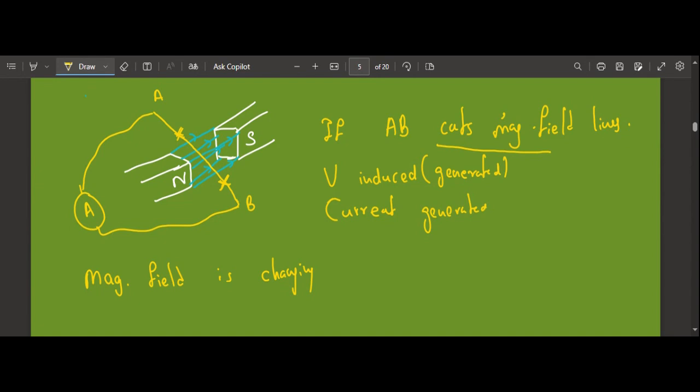Now the size of the induced voltage can be increased in several ways. The first thing we can do is move the wire or the coil faster. Another way is to use a stronger magnet.